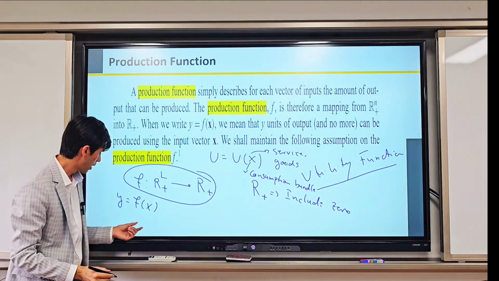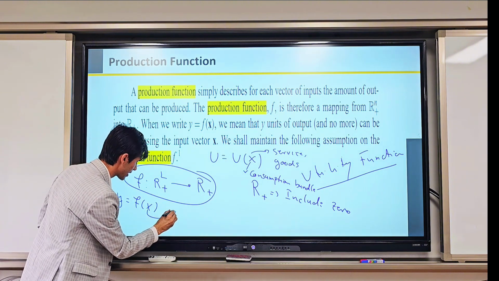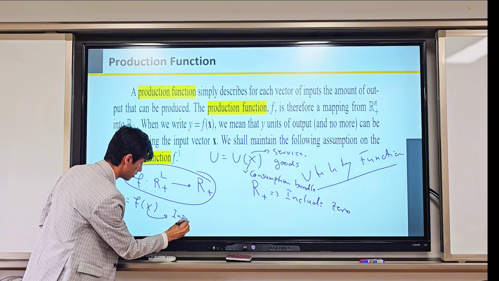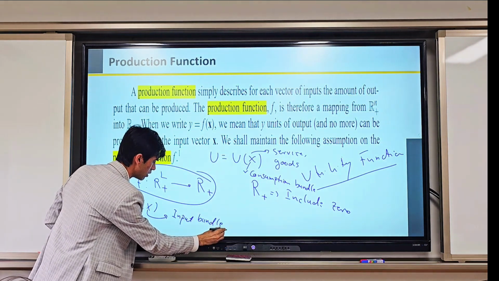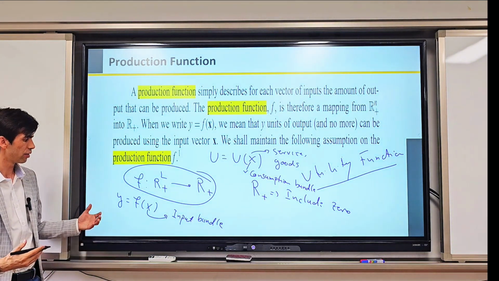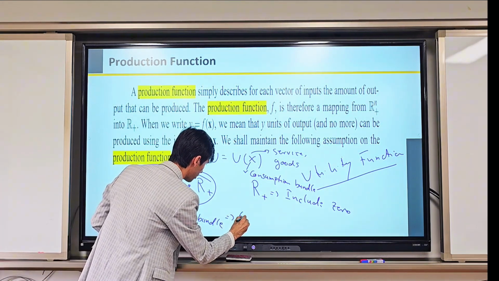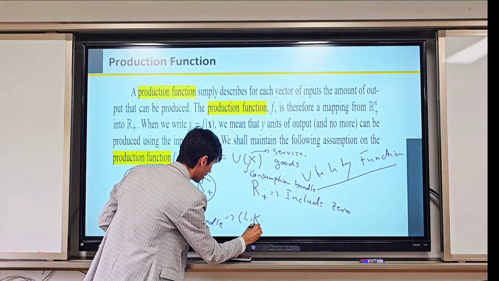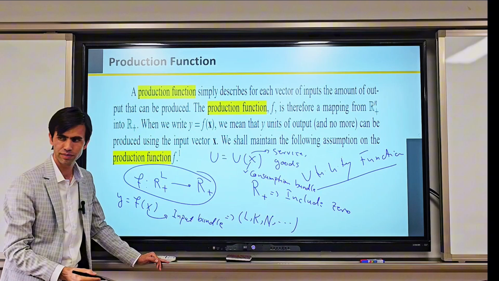But in the case of the production function, this x is our input bundle. And when we clarify more, this input bundle can be the level of labor, capital, natural resources, and other things.